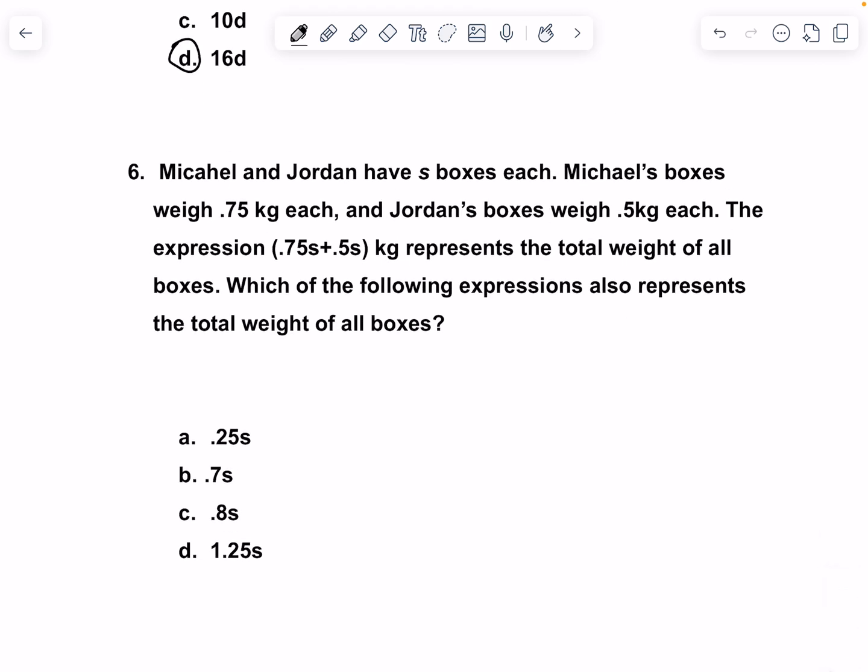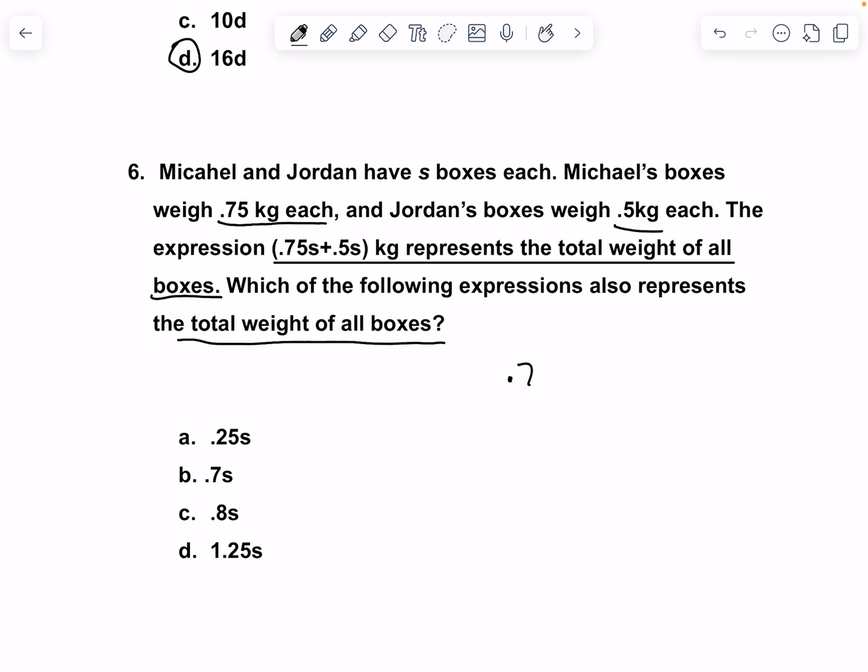Number 6 says that Michael and Jordan have S boxes each, and Michael's boxes weigh 0.75 kilograms each, and Jordan's boxes weigh 0.5 kilograms, and the expression 0.75S plus 0.5S represents the total weight of all the boxes. Which of the following expressions also represents the total weight of all boxes?